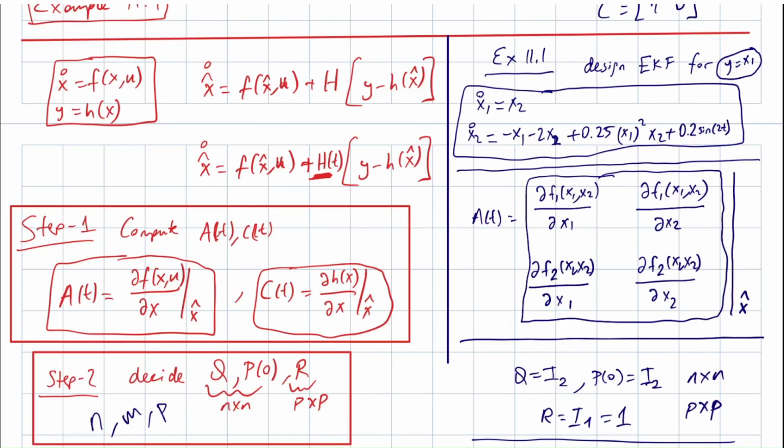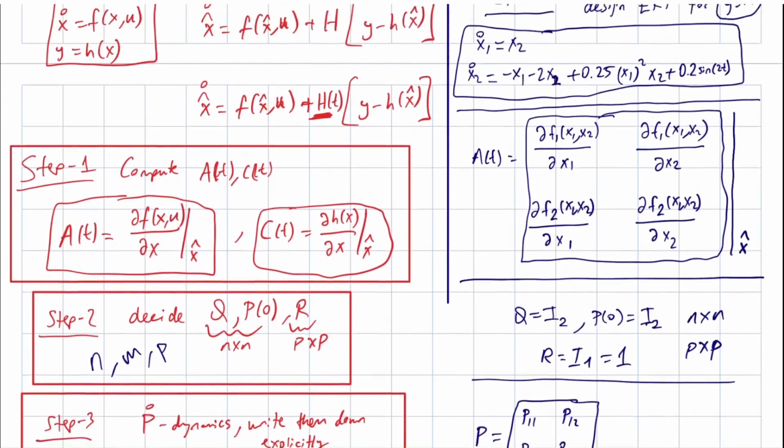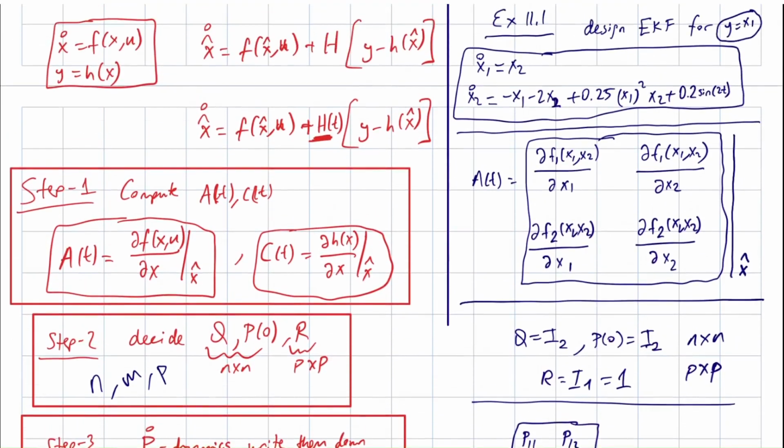That's a good balance. So A of t, again, we are familiar with this term. This is the Jacobian.